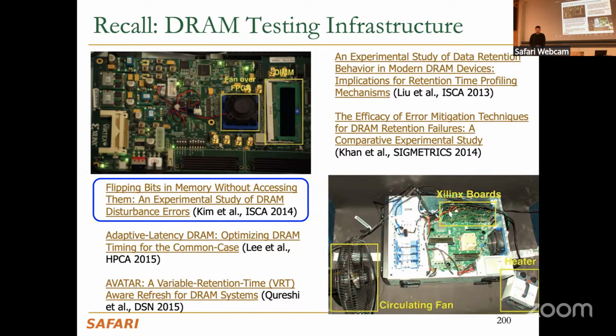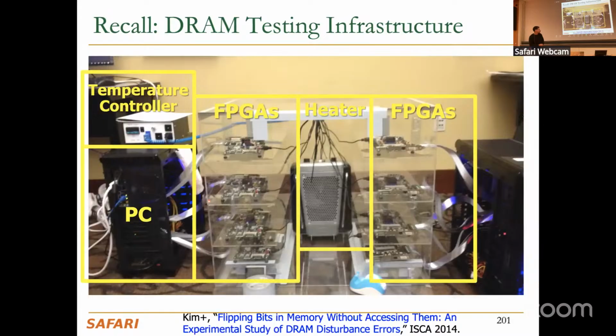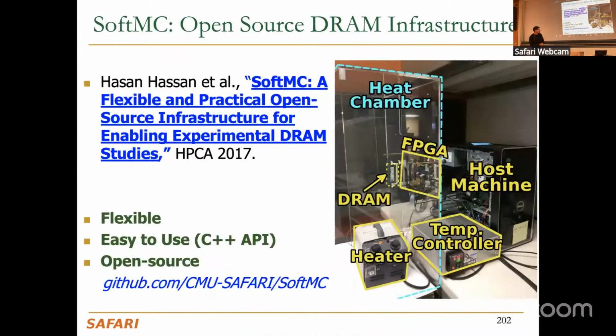One way is to use FPGA-based prototyping. We do this in our lab, where we have FPGA boards with modified memory controllers that allow us to, this is one old iteration of the system, issue commands to the DRAM chip as we want, independent of the timing parameters that are specified.